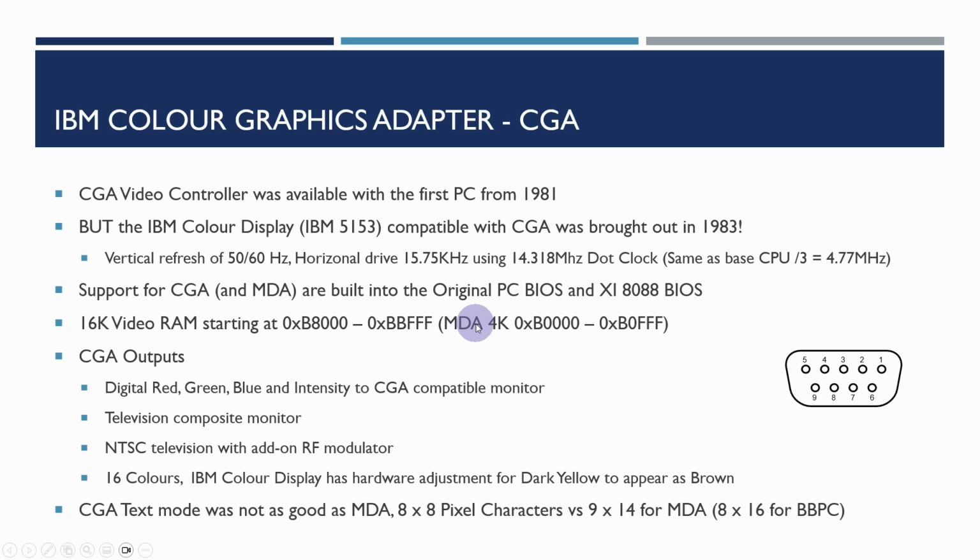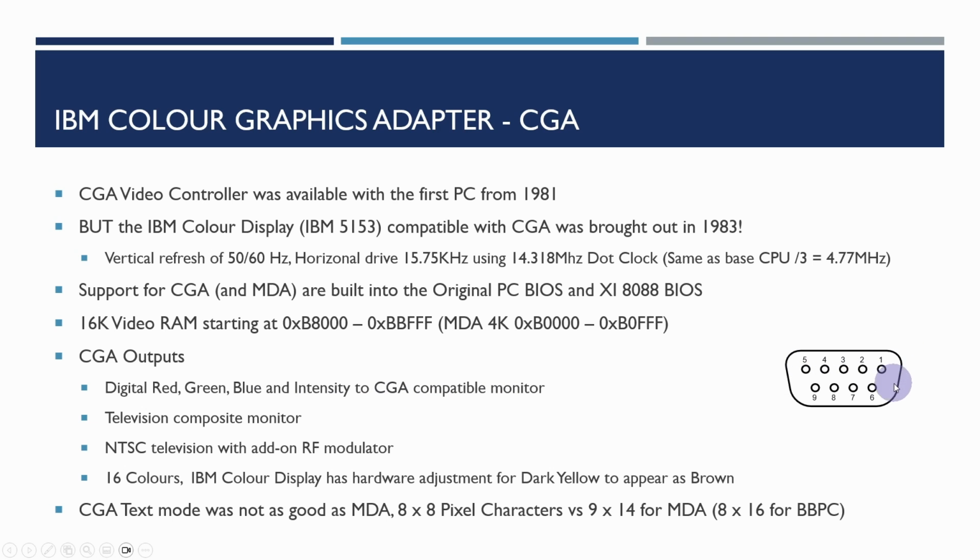The monochrome display adapter uses a slightly lower address range, starting from B0000. It is possible to have both the MDA and CGA cards active in the same PC at the same time because they don't conflict from a memory addressing point of view. We'll perhaps have a look at having both the MDA card that we've already built and the CGA card running at the same time.